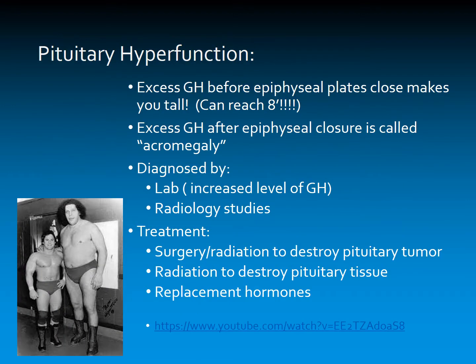All right, so now let's shift gears and talk about pituitary hyperfunction, since we just talked about hypofunction. If you have excessive growth hormone before your epiphyseal plates close, that's going to make you very tall, really tall, like up to 8 feet tall. It's important to know that the weight and height do increase proportionally with this.